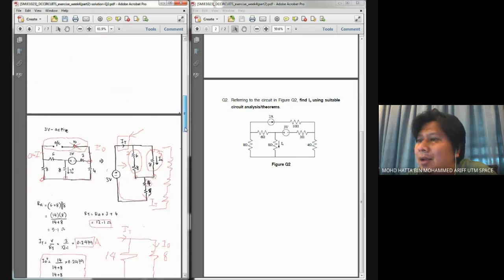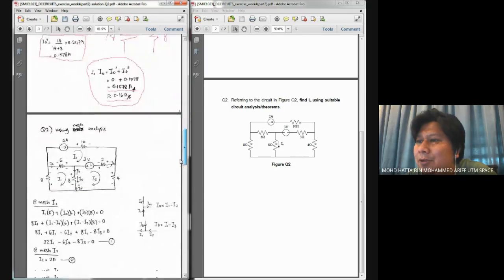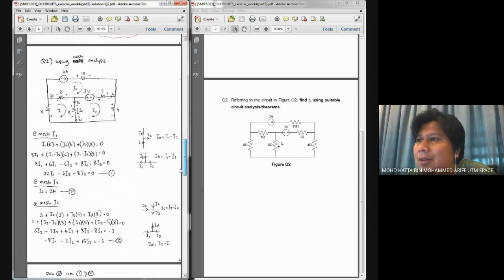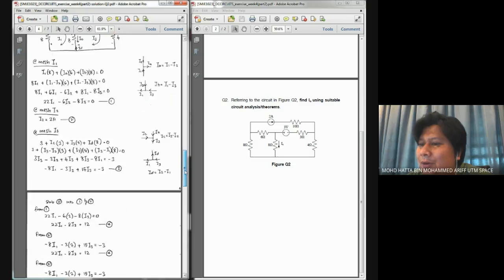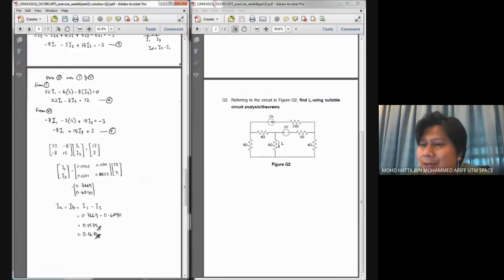Maybe in my next solution, using mesh could be easier. For example, if I directly apply mesh analysis to get IO, I can straightforwardly get my answer as 0.16 ampere as well. So it depends on your preference.